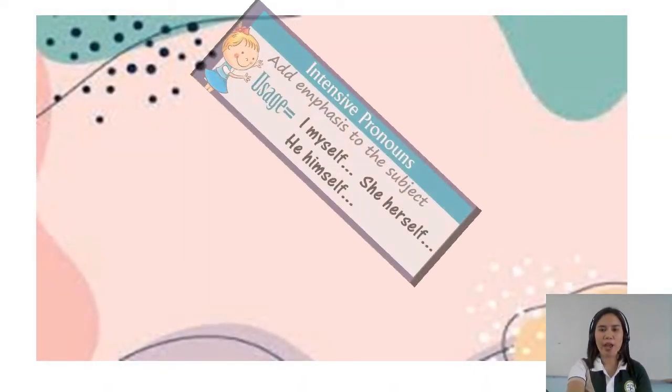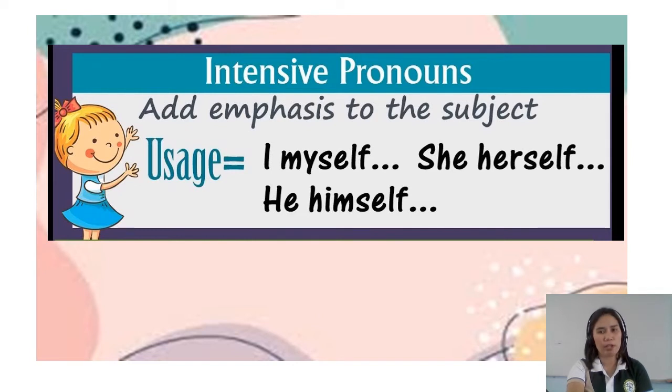And now we have the intensive pronouns. Intensive is like intense, and something intense is very strong. So intensive pronouns are the same words used to emphasize or intensify the subject of the sentence. They usually appear right near the subject, so subject followed by intensive pronoun.